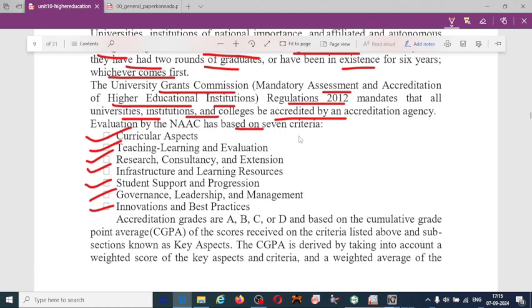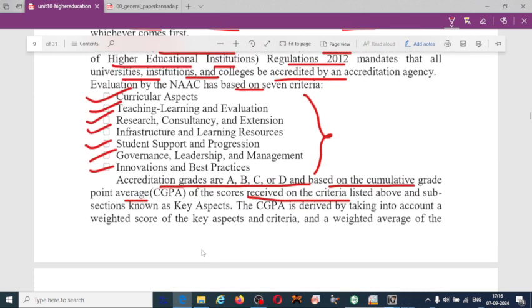On all these criteria, NAAC is going to give grades to the universities or institutions. Accreditation grades are A, B, C, or D based on the cumulative grade point average, CGPA as we call it, of the scores received on the criteria listed above and subsections known as key aspects.